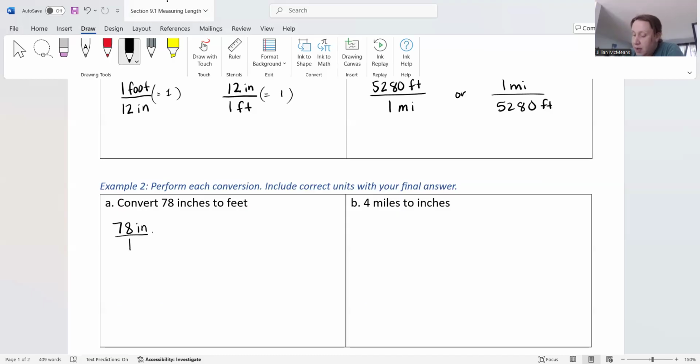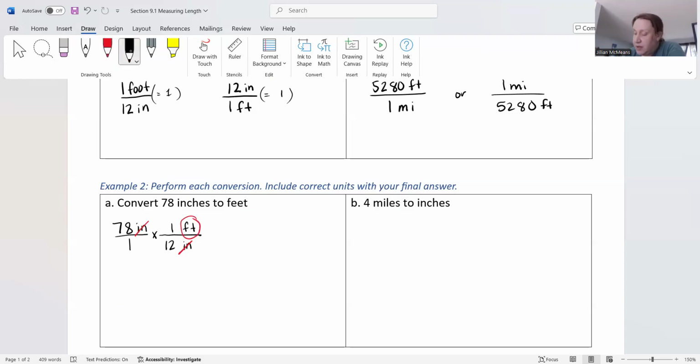So when I multiply by my unit fraction, I quite literally want the unit inches to cancel, and I want feet to be left over in the numerator. So when I set up my unit fraction, I have to set it up in such a way that feet are in the numerator and inches are in the denominator. The unit you're trying to get rid of in this case needs to be on the denominator, so literally inches will cancel, and I'll be left with my desired feet in the numerator.